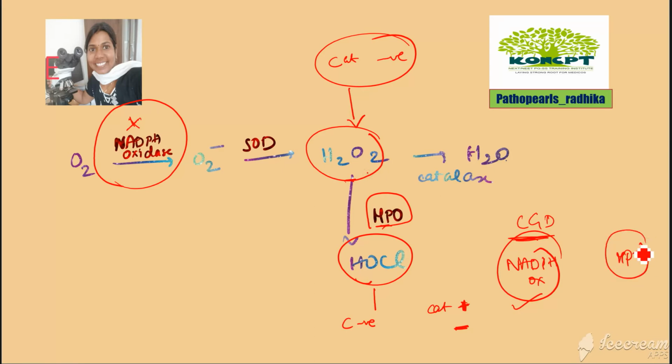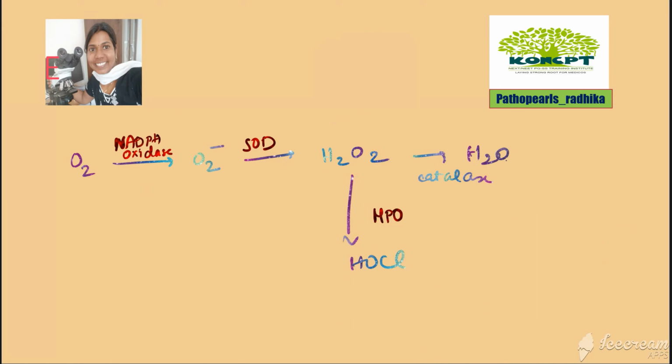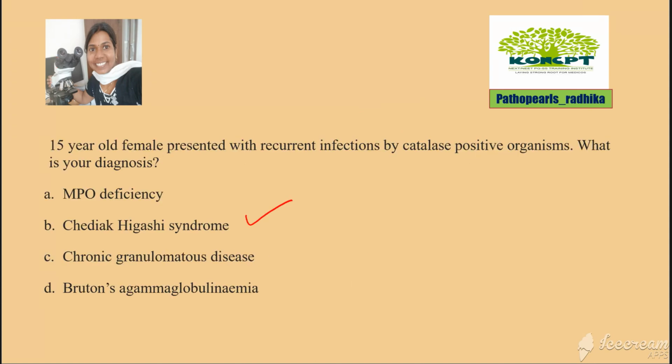Now come to the patient with MPO deficiency. When you expose this patient to both catalase positive and negative organisms, what happens? Even though catalase negative organisms can produce hydrogen peroxide, you don't have MPO to produce HOCl. So patients with MPO deficiency can get infection by both catalase positive and negative organisms.